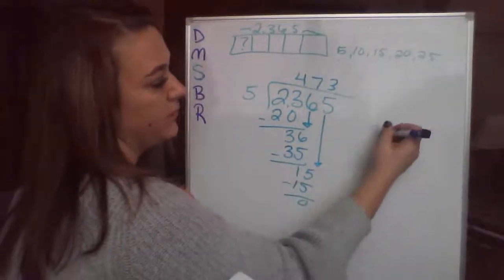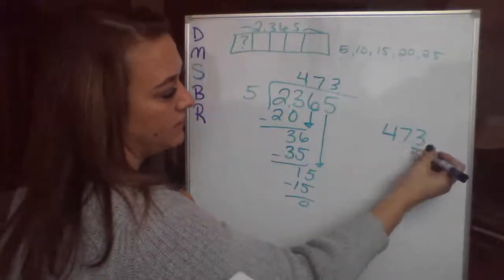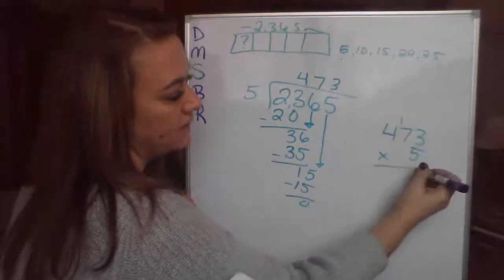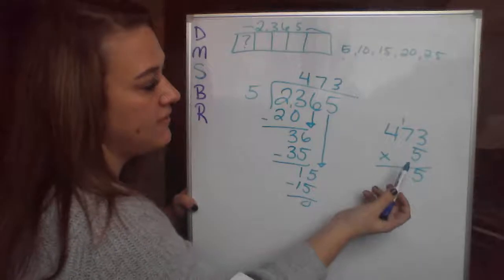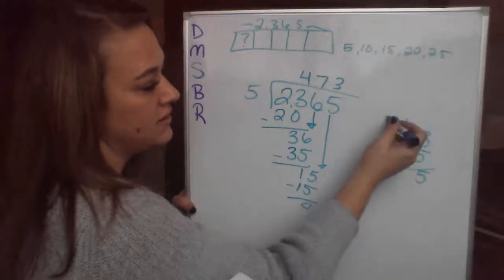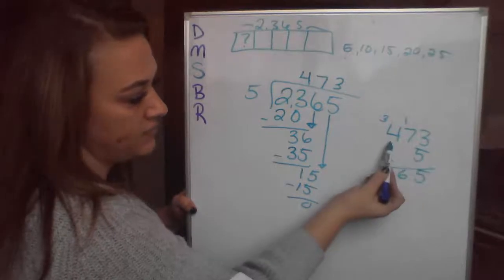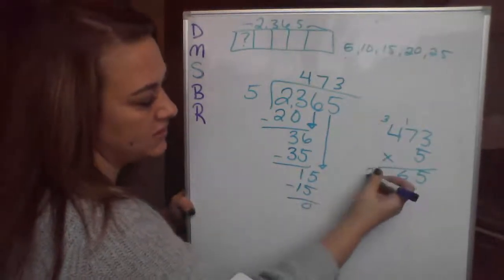So we're going to take 473, multiply it by 5. 5 times 3, 15. 5 times 7, 35, plus 1 gives us 36. 5 times 4 is 20, plus 3 more gives us 23.